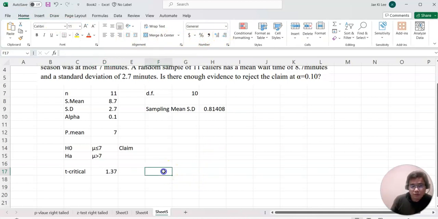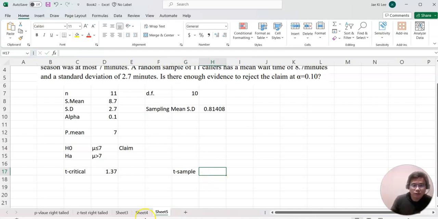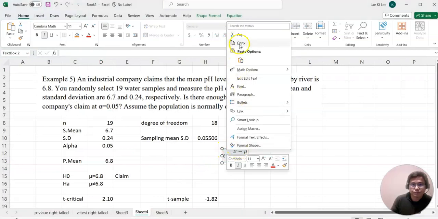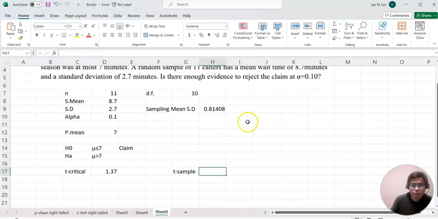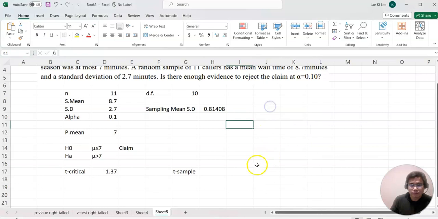Okay, so let's find the t sample. For the t sample we can use the formula like we did before.